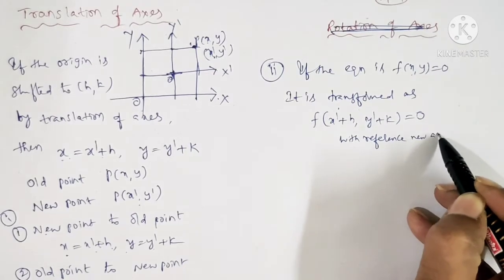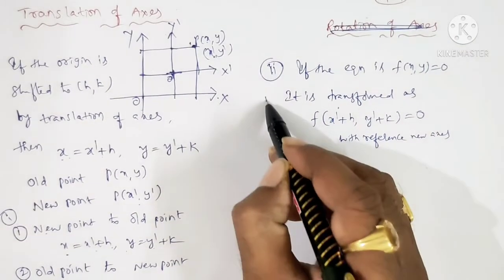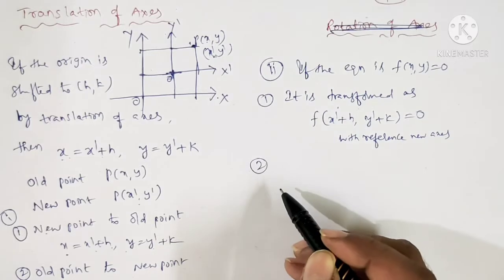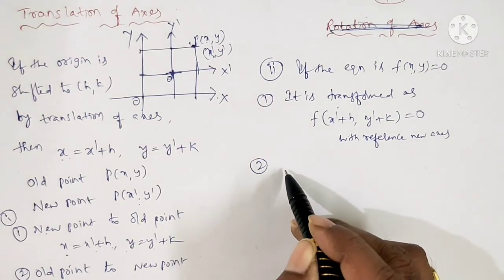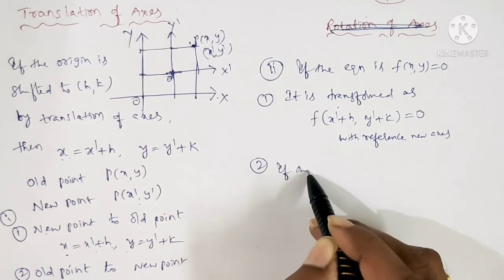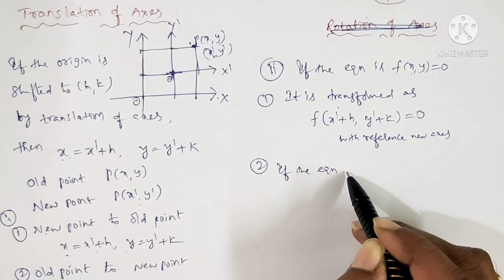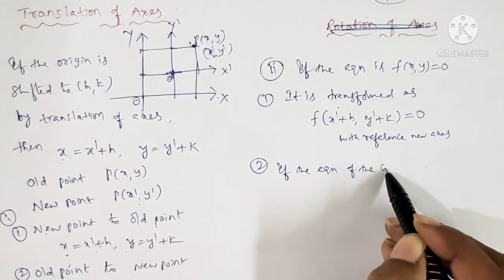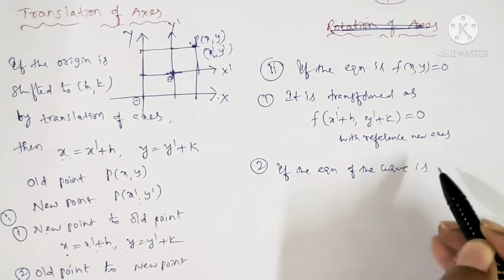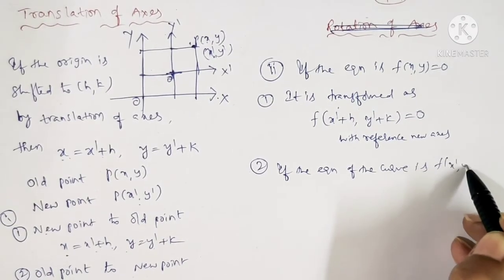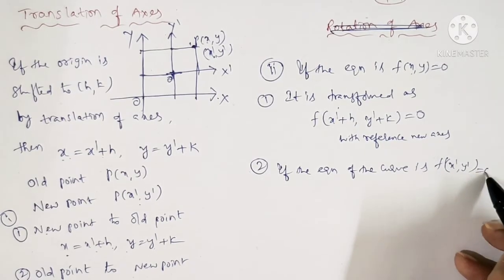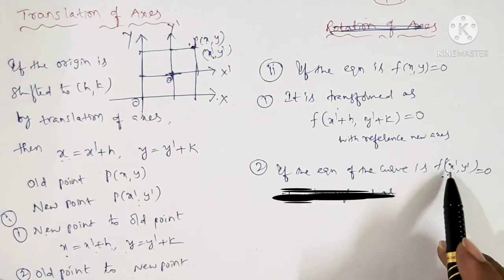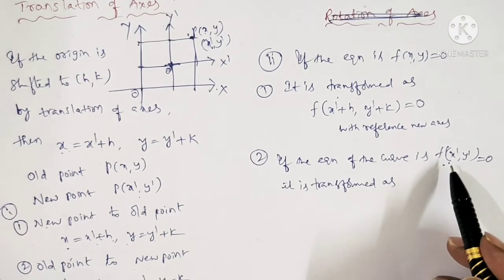If they ask for the equation of the curve in the original system, that means if the equation of the curve is f of x dash, y dash is equal to 0, then in the place of x dash what should I write?